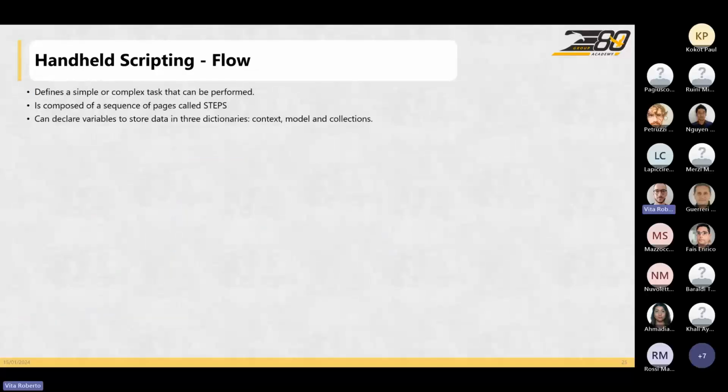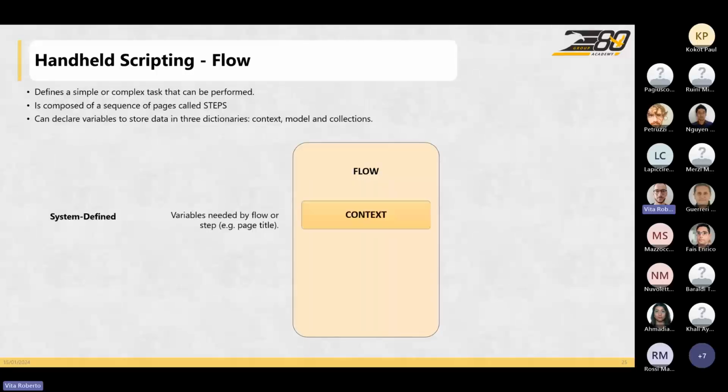Talking about the flow, as we said, it defines a simple or complex task that can be performed. It's composed of a sequence of pages that we call steps. We can declare variables or parameters that we can use inside the flow, and we store these variables inside three different dictionaries we call context, model, and collections. So context is kind of system defined, contains all the variables needed by the flow.